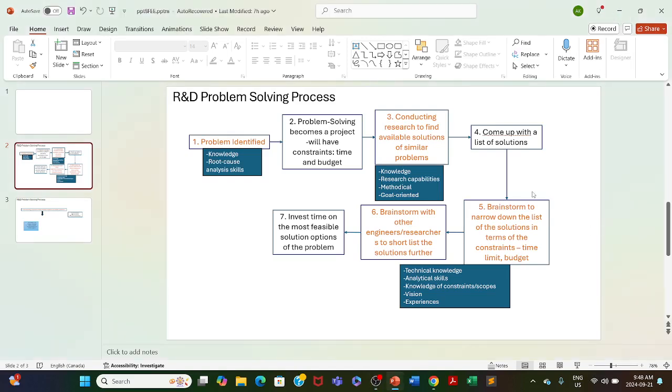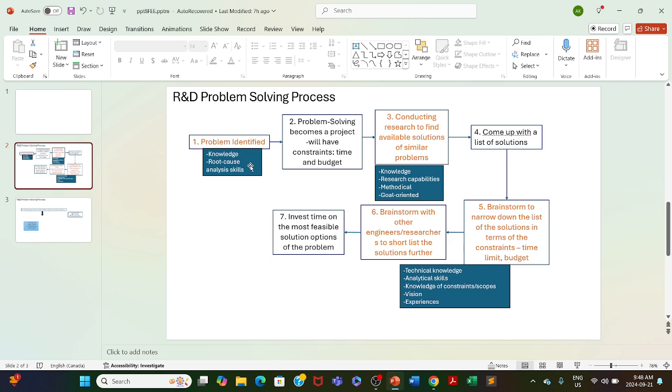During the last lecture, we created this process of R&D problem solving. This is basically a value stream map where the values are coming up with a number of feasible solutions that can lead us to the final solution of an R&D problem that we are assigned.